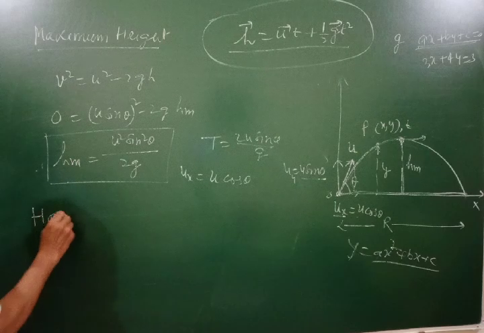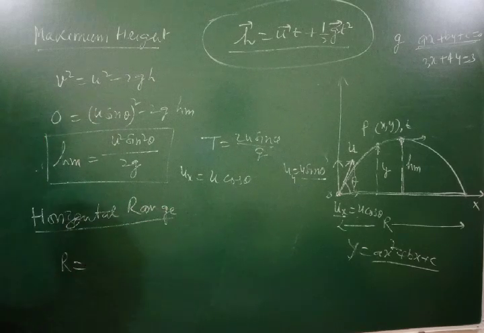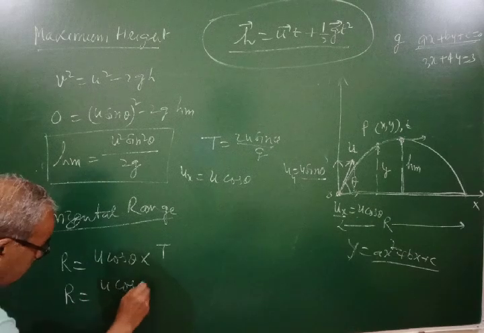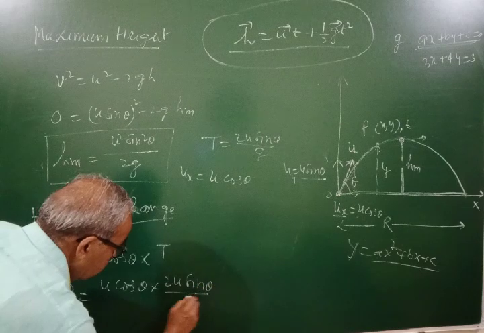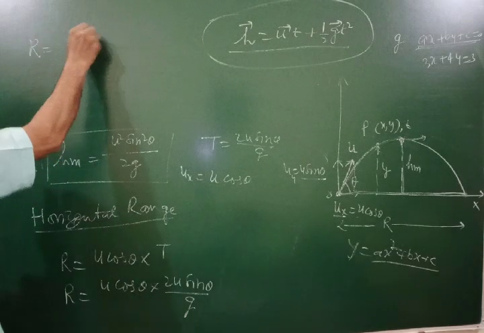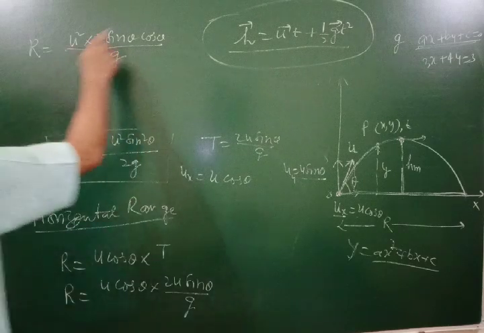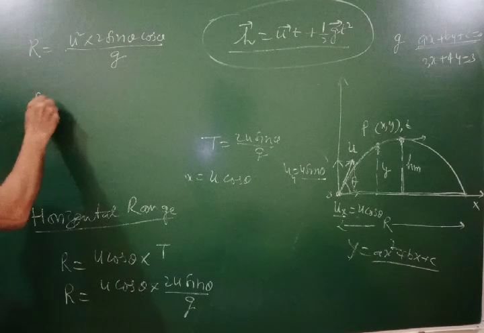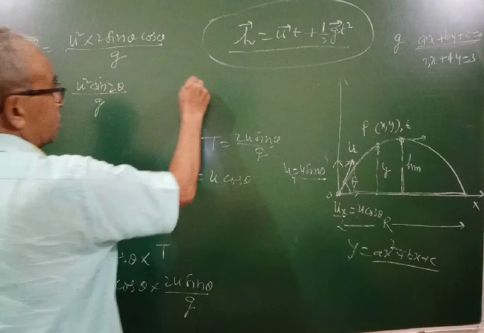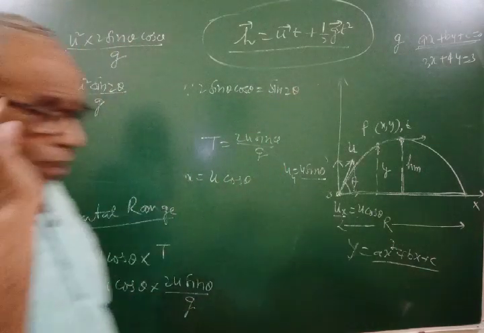So horizontal range r is equal to u cos theta into t, or r is equal to u cos theta into 2u sin theta upon g, or you can write it as r is equal to u square into 2 sin theta cos theta upon g. 2 sin theta cos theta in trigonometry is equal to sin 2 theta. So we write here r equal to u square sin 2 theta upon g. Since 2 sin theta cos theta is equal to sin 2 theta, if theta is 30 degrees then 2 theta is 60 degrees.